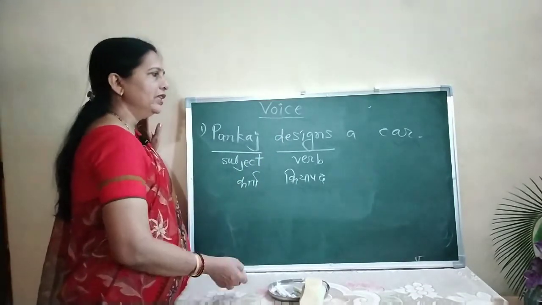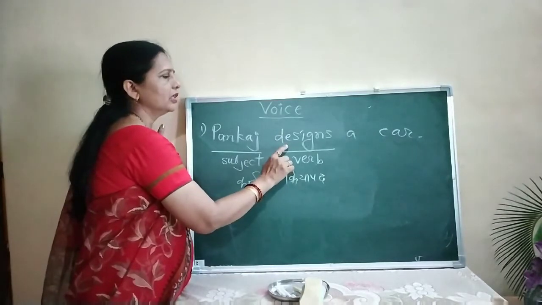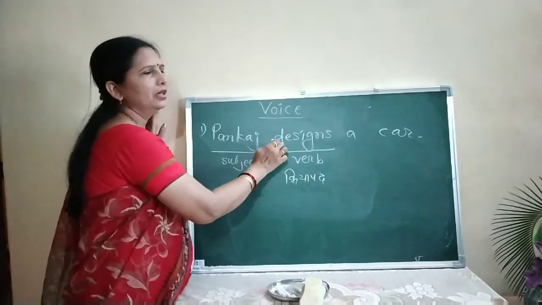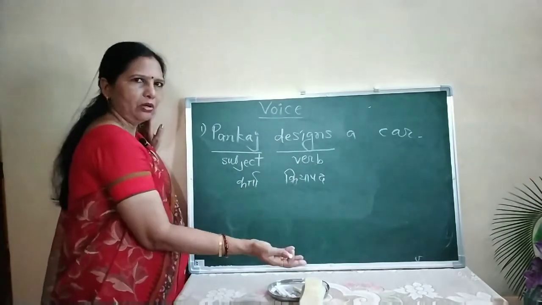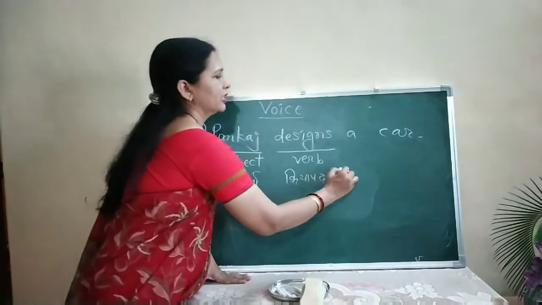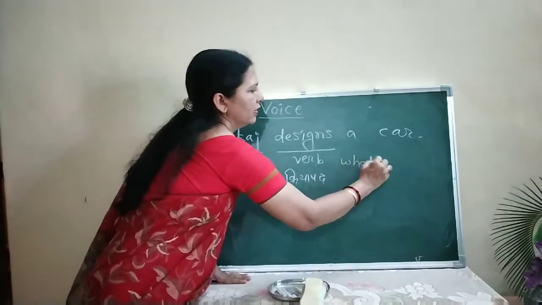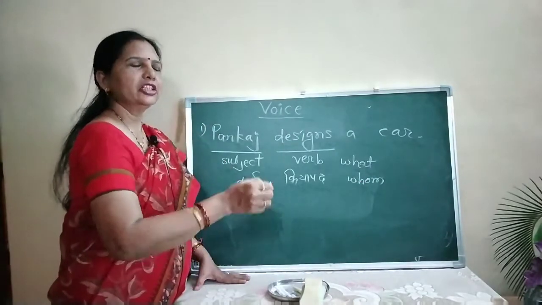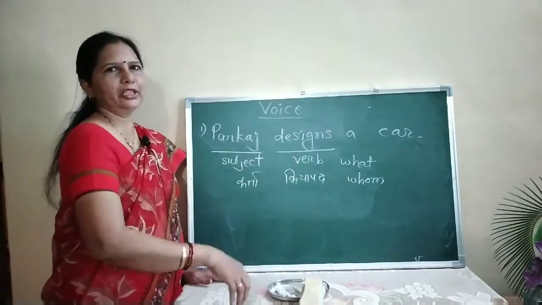Now when you ask the question what or whom to the verb, we get the object. कशाने प्रश्न विचारायचा आहे? What किंवा whom. आणि जर आपल्याला उत्तर मिळालं तर जे उत्तर आहे ते ऑब्जेक्ट होईल.